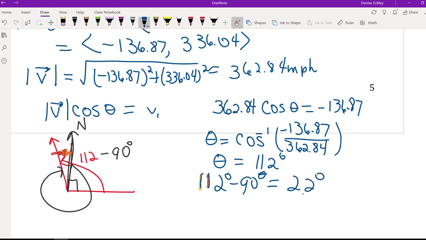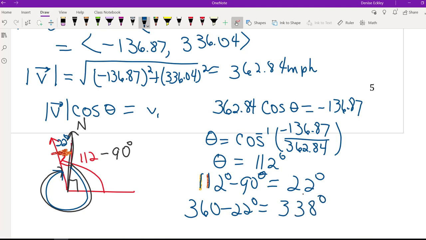So then where we really are, we have 22 here, so we have to take all of this. So we're going to do 360 minus the 22 degrees, which is 338 degrees. So there's our ground speed and there's our ground bearing. And I think that's a great way to end this lesson.